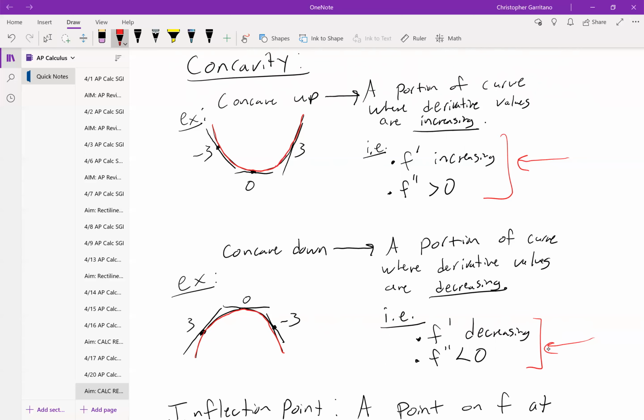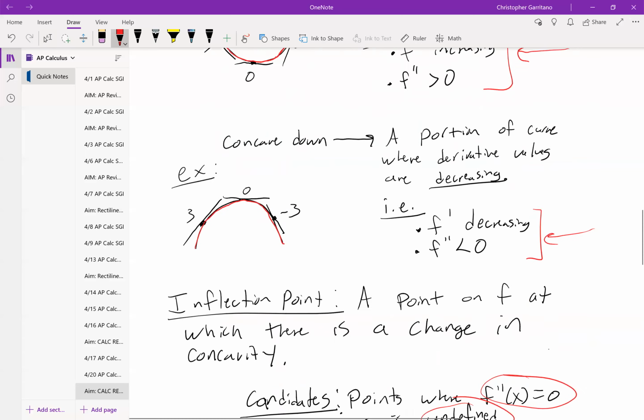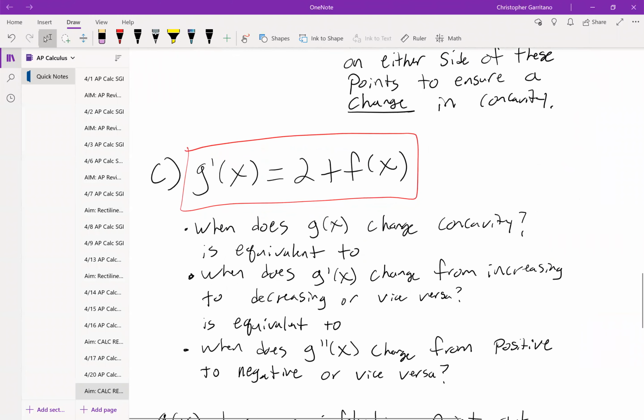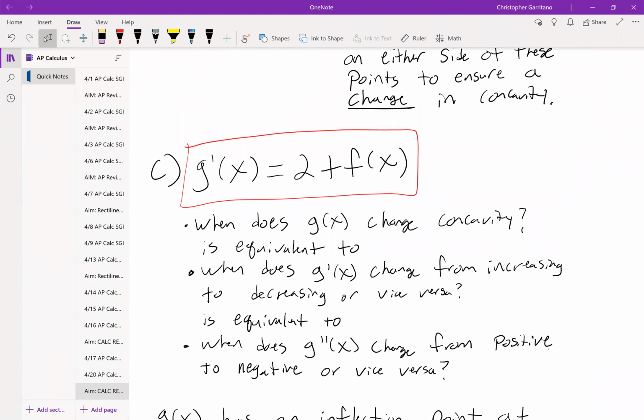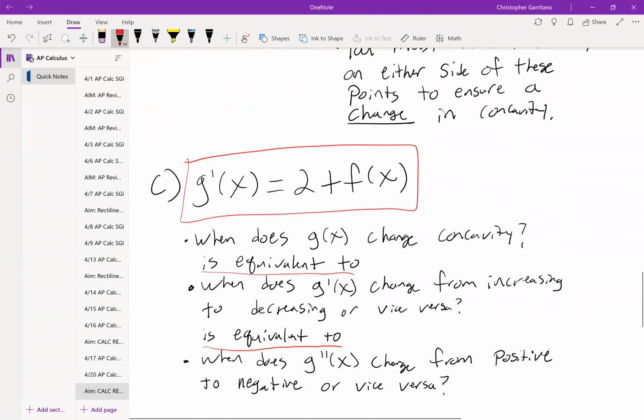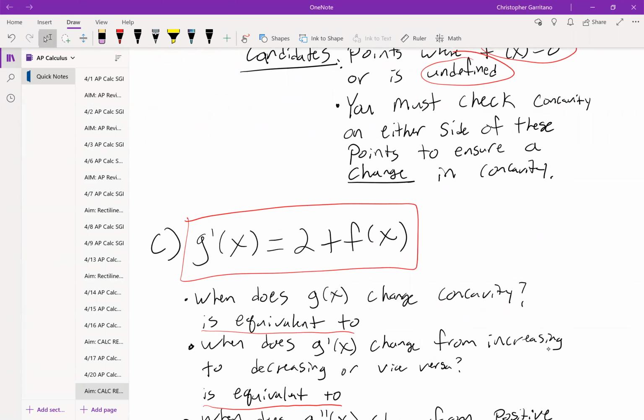If the derivative is decreasing, then that's a concave down curve. So to ask when there's a change in concavity is to ask, when does the derivative change from increasing to decreasing or vice versa? But that's also equivalent to, when does g double prime change from positive to negative or vice versa? Now we have to deal with what we're given, and we were given the derivative function. And so the derivative function is equal to 2 plus f of x.